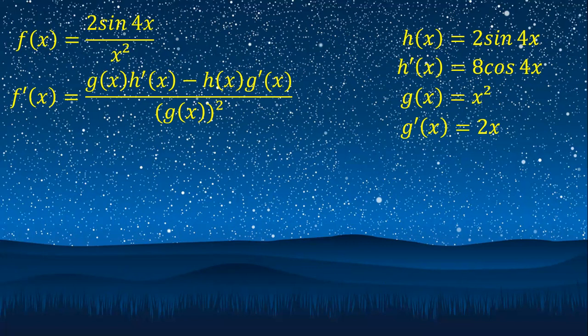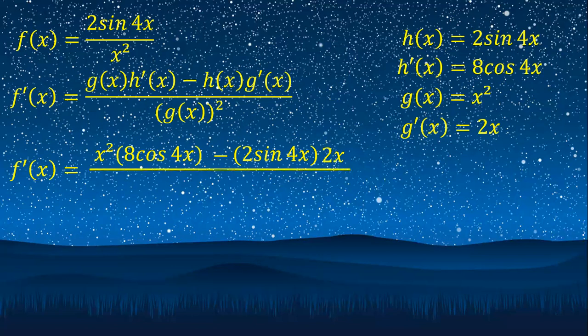We have f prime of x equals our g of x, that is x squared, times h prime of x, we have 8 cosine 4x. Then minus our h of x, we have 2 sine 4x times our g prime of x, and that is 2x. All over our g of x, x squared, then quantity squared.